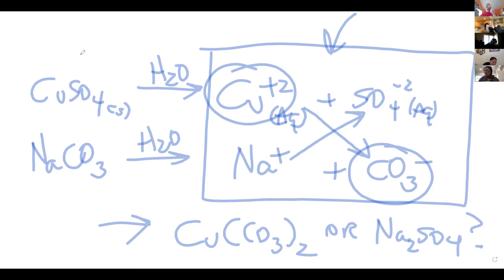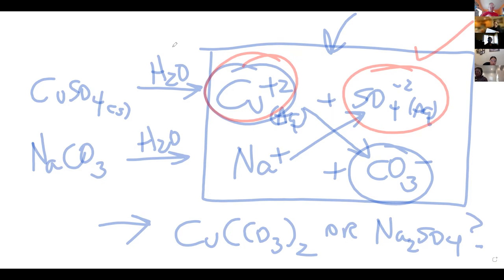We know copper sulfate is soluble, because copper 2 and sulfate are mixed together in solution and they don't precipitate. So we know that this plus this is soluble.